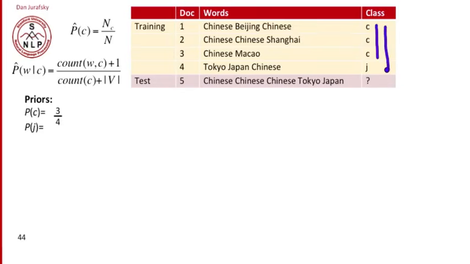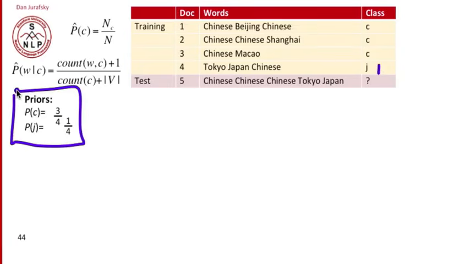So 3 of the 4 training documents are about China, so our prior probability of a document being in the topic China is 3 out of 4. How about Japan? Well, there's only 1 document in our training set about Japan out of the 4 documents, so the probability of Japan is 1/4.